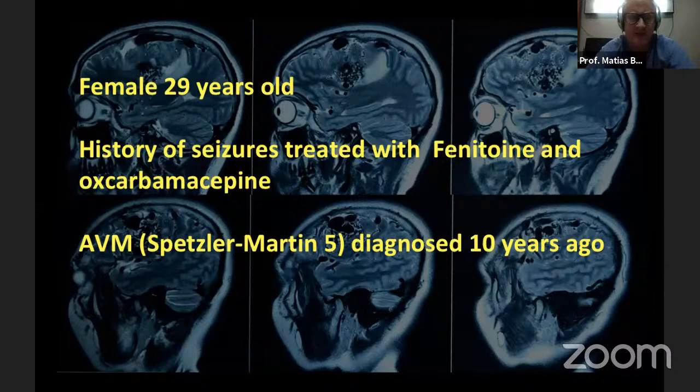She presented a history of seizures treated with phenytoin and oxcarbazepine, and she was diagnosed 10 years before the first bleeding. She was diagnosed with an AVM, Spetzler-Martin classification grade 5.